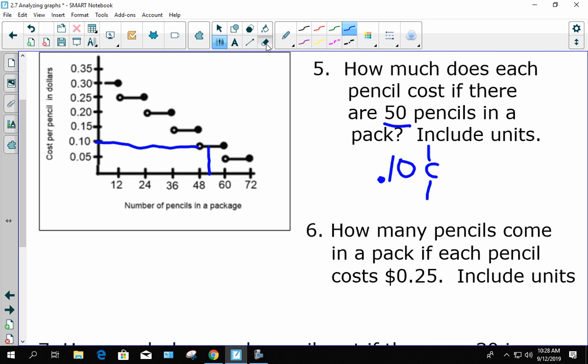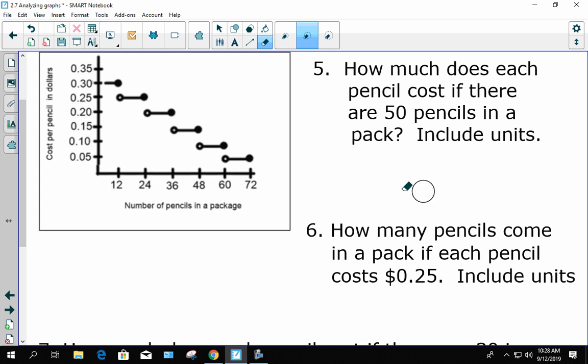How many pencils come in a pack if each pencil costs 25 cents? Now, the question here is my 25 cent range, right? Do I go down from the dot?